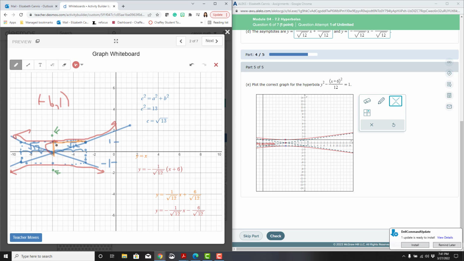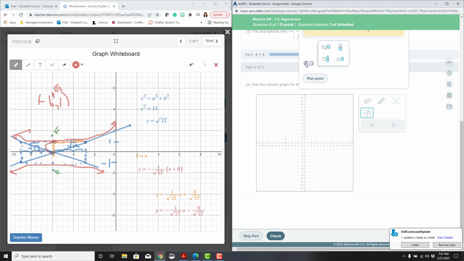But then it's going to go to the right square root of 12. So that's going to add a square root of 12 to that negative 6. Let's see if that will work if I plot that point. Again, negative 6 plus the square root of 12, and then it had gone up 1, so I'm going to have that point plotted.